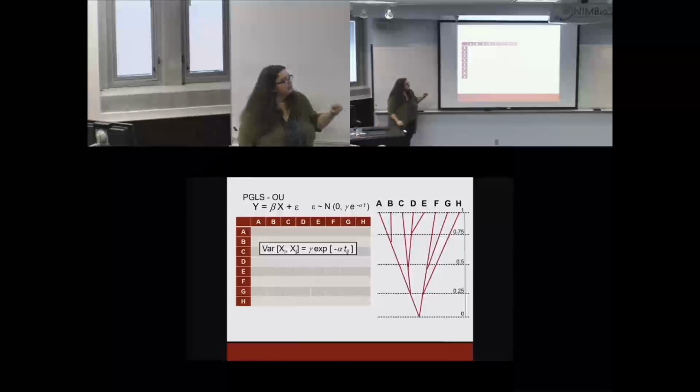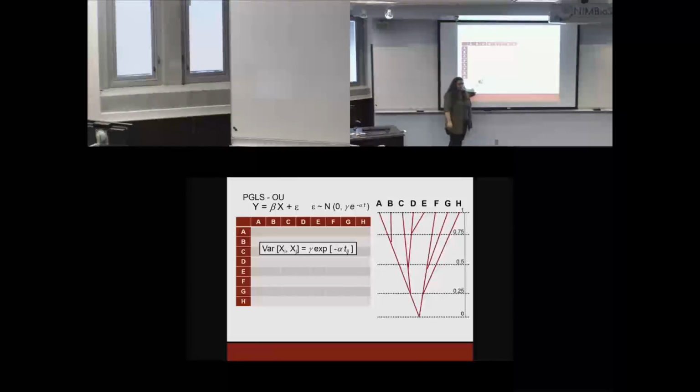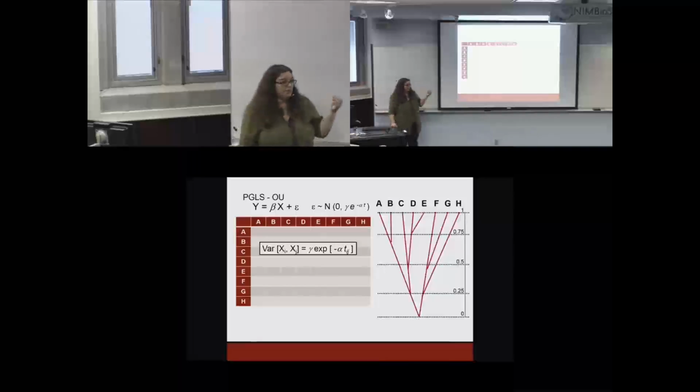When we do the OU model, it's a different formula that we use to generate the entries in the matrix, right? We still have a matrix, but the entries are different. So here we have an alpha parameter. It's exponential in alpha. And the T matrix is a little bit different. It's a divergence matrix rather than a similarity matrix.